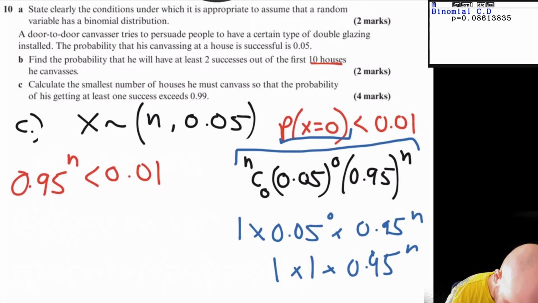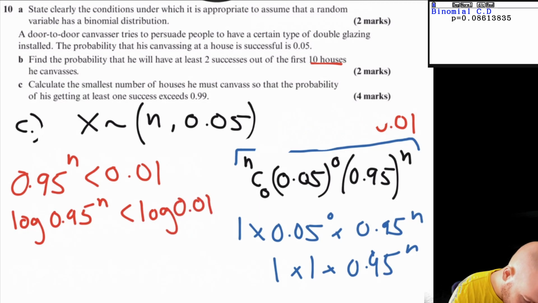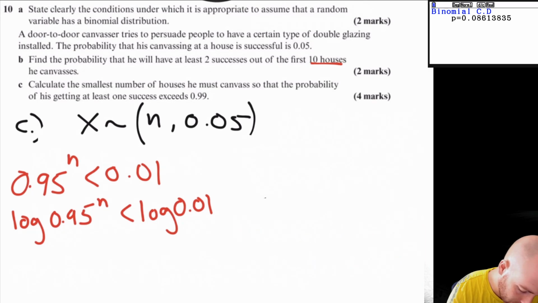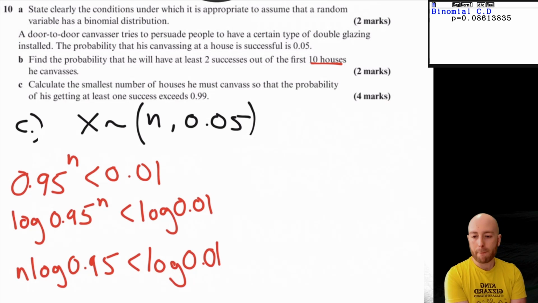So I'm going to log both sides. Going to use the power rule. Got to be careful now. I want to divide by log 0.95. Remember, if I divide by a negative, I need to swap the sign around.